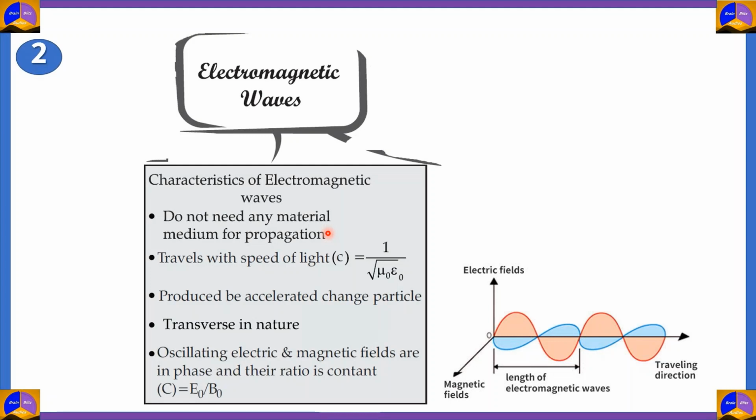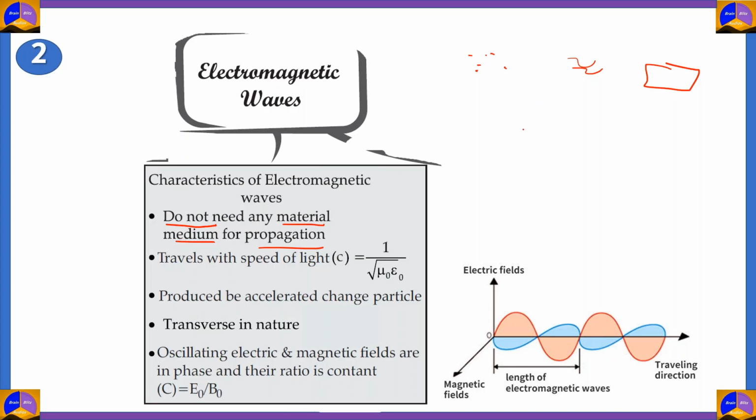So these are some characteristics of electromagnetic waves. The first one states that electromagnetic waves do not need any material medium for propagation. What this means is that unlike sound, which requires air, water, or solid to move through, electromagnetic waves do not require a medium.